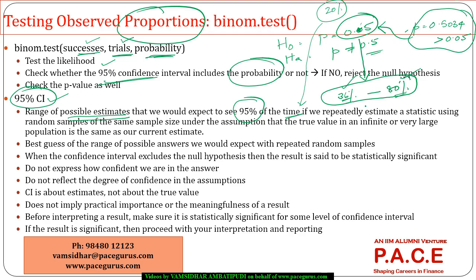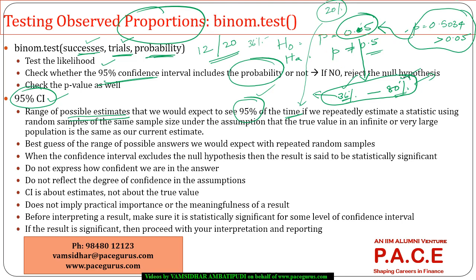Only in 5% of the cases can the probability of success be below 36% or above 80%. So that is what it means. If you had 12 successes out of 20 trials, the probability of success could be anywhere between 36% and 80%, and there is a 95% chance that it will be in that range.